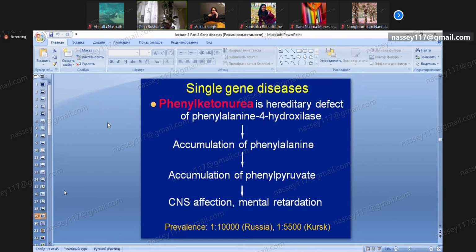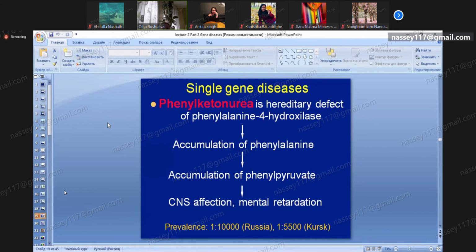Phenylketonuria is an inheritable pathology of the enzyme called phenylalanine hydroxylase. Mutation in the gene encoding phenylalanine hydroxylase leads to accumulation of phenylalanine and phenylpyruvate, and phenylpyruvate is toxic for the central nervous system.